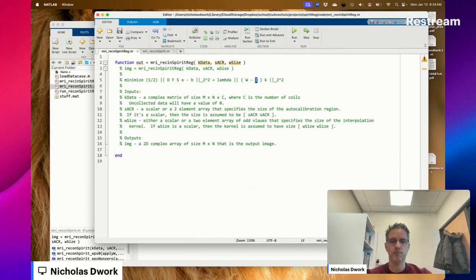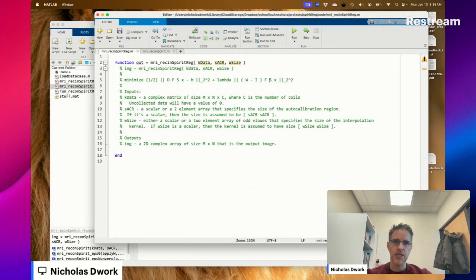How do we get these k-space locations? We take FSX. K is equal to FSX.